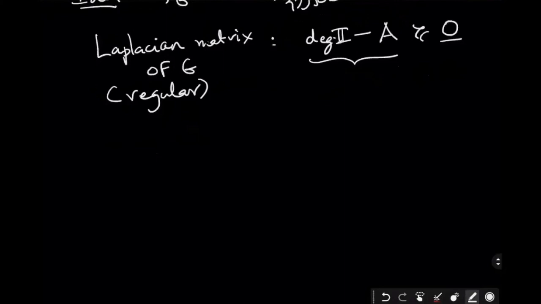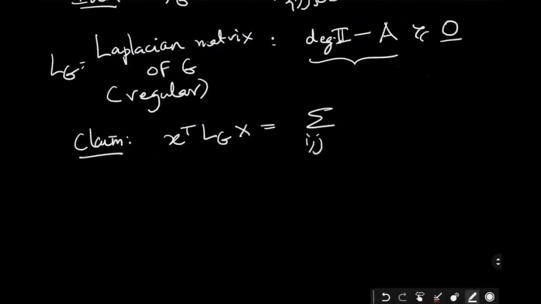Let's call this matrix LG, then the claim is that x transpose LG x actually equals the sum over the edges of (xi minus xj) square, where E is the edge set of the graph G.